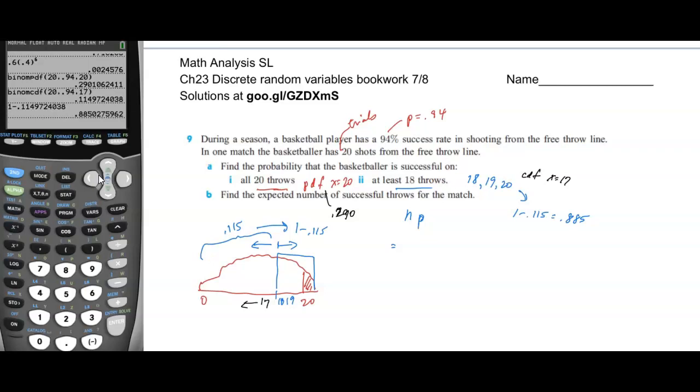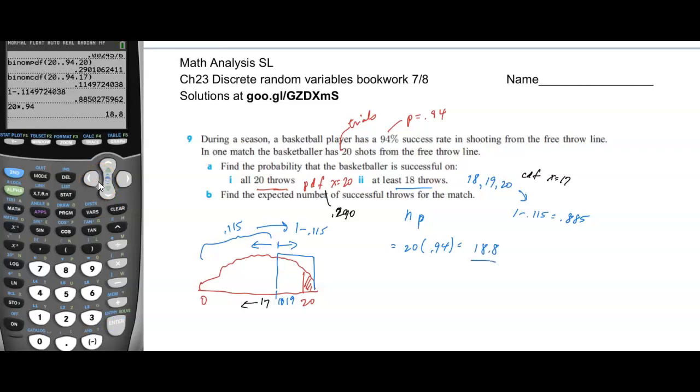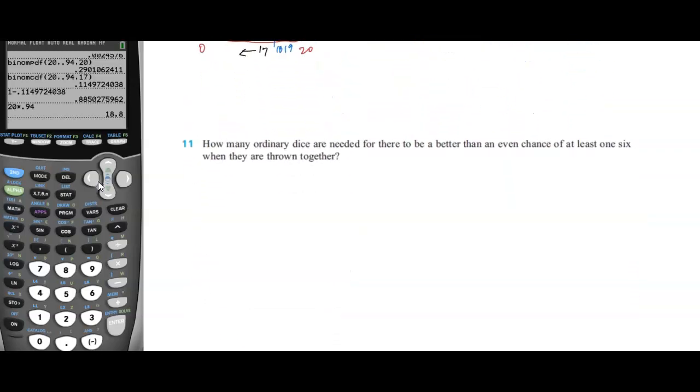So we take 20 shots and we multiply it times 0.94, and then we get 18.8. Okay, so that's the answer for the expected number of successful free throws.